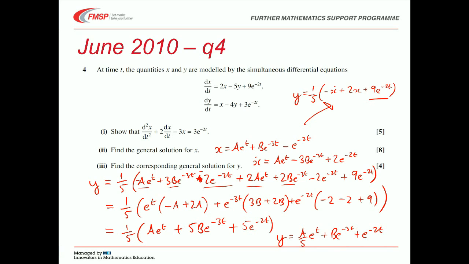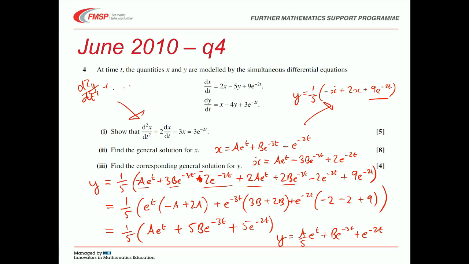It is important that you do it this way. What you could do is go way back to the beginning and come up with a second order equation for y, just like we did for x, and solve it. That would be fine, except that the arbitrary constants, like the a and b I've used in my solution, would probably be different. You can't do the two things separately and expect the constants to come out the same.